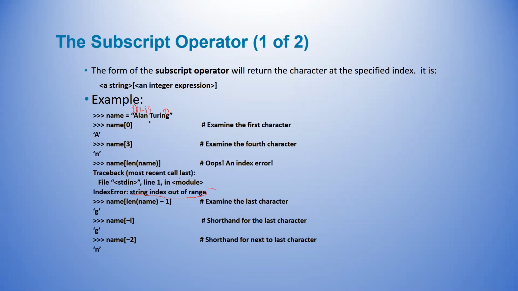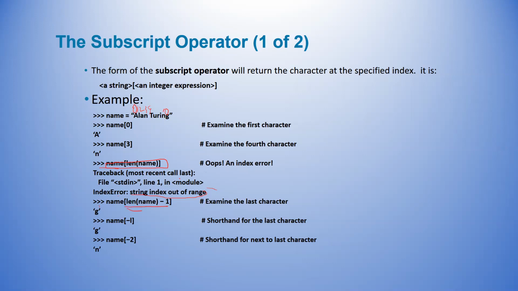That means it doesn't have index 11. The last one is 1 less than the length, which is 10. Okay, so this is an often made mistake, everybody. You think the length is 11, then I want to get the last character, it is 11. No, it's always 1 less than the length.